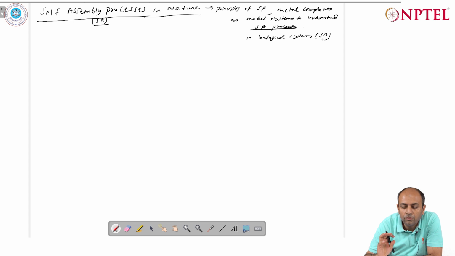Till now we have been focusing on events related to molecular recognition, supramolecular chemistry between different kinds of species via intermolecular interactions. Self-assembly is also an extension of the knowledge derived from supramolecular interactions.